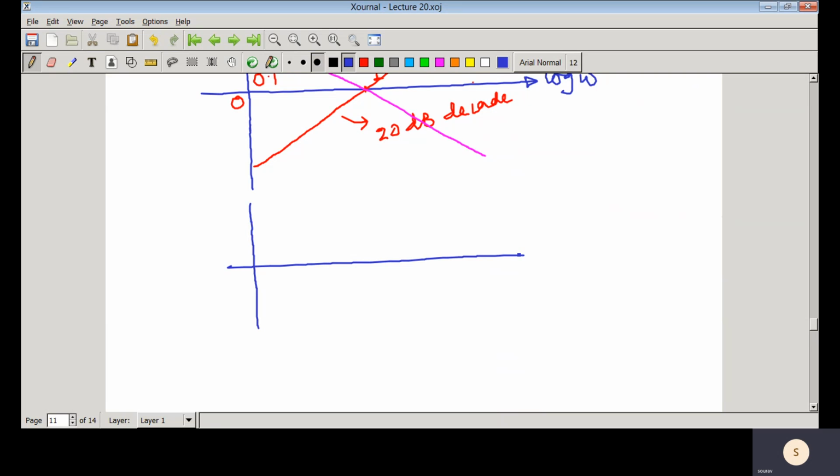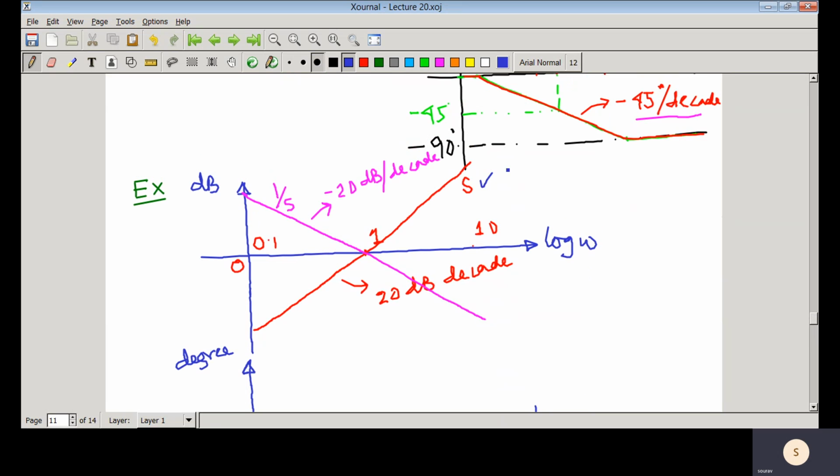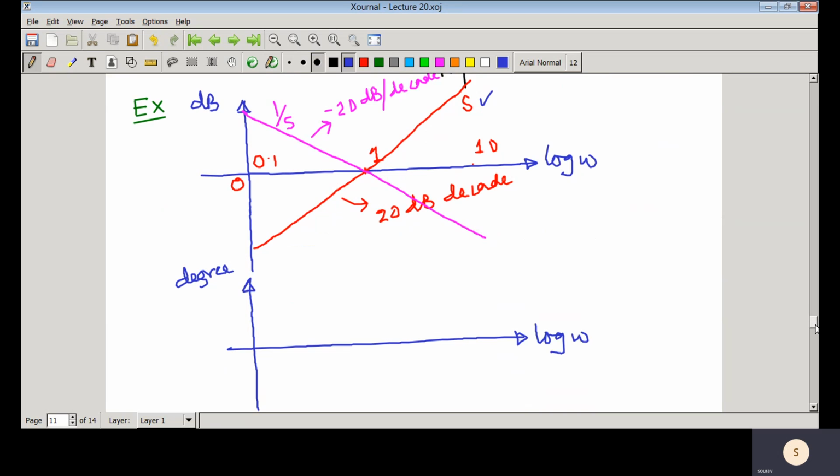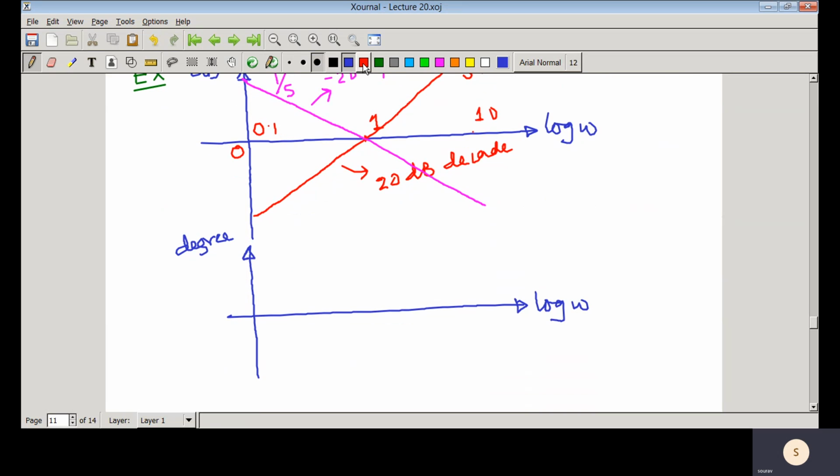So this is that log of omega, and here we have that degree. So in case of S, we have seen that angle would be 90 degree. So it remains constant all through the frequency. So this is 90 degree.